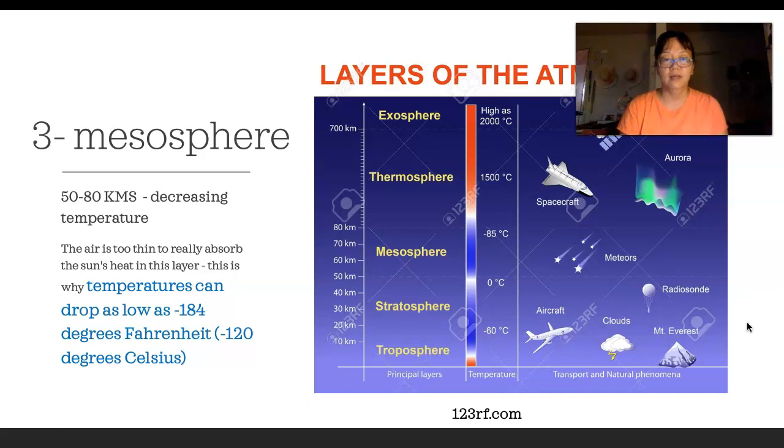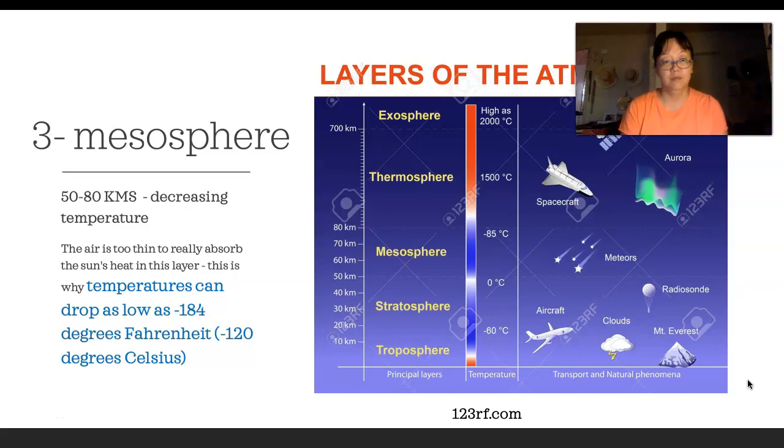I'm not going to test the mesosphere, but it will be interesting to know it's the layer of 50 to 80 kilometers. And if you look at this graph, you can see it has a very cold temperature. It's because the air in this layer is very thin, so it doesn't really absorb any energy from the sun.